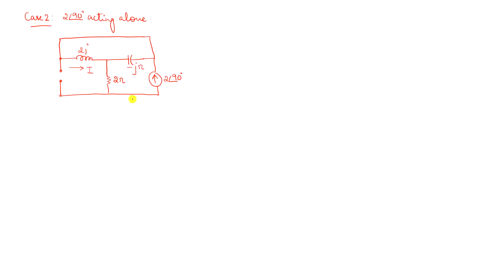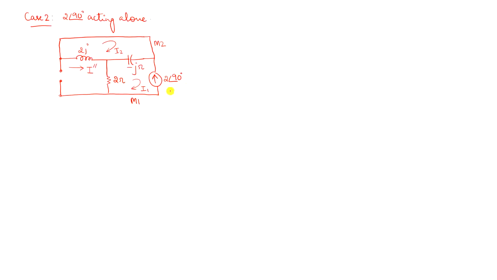So again you have two meshes. I will name this as mesh 1, this as mesh 2. For simplification, this current I, I am going to represent as I double dash. This current of mesh 2, I will call I2, and this current I will call I1.